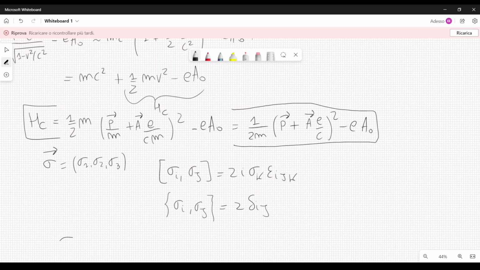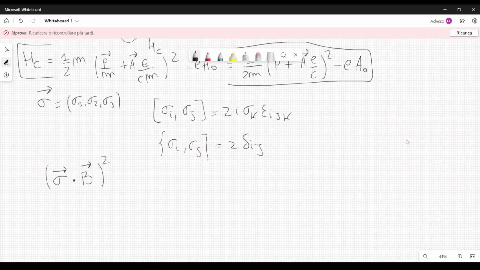Now I want you to notice that if I take the dot product between these matrices and a vector that I will call B, which is simply a generic vector, and I take the square of this, in particular this will be an operator, because this means that I have sigma 1 times B1 plus sigma 2 times B2 plus sigma 3 times B3.